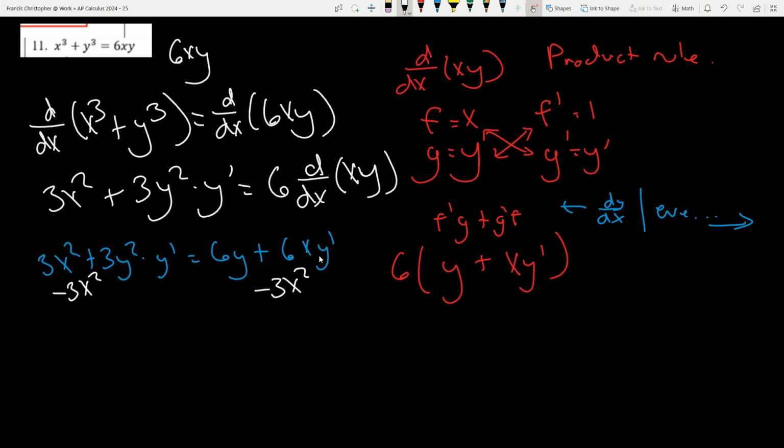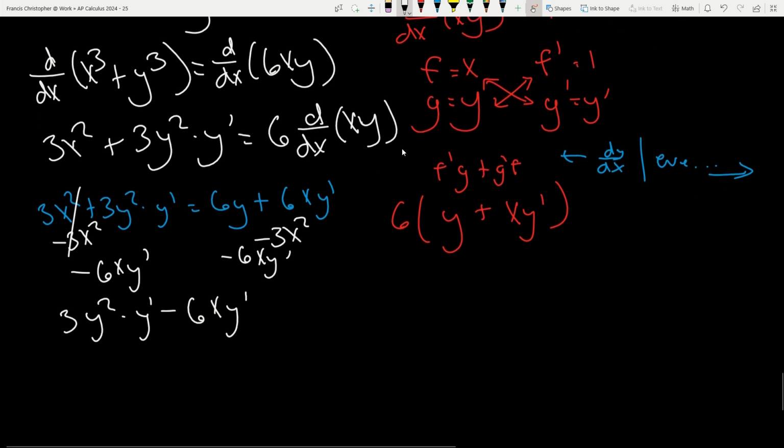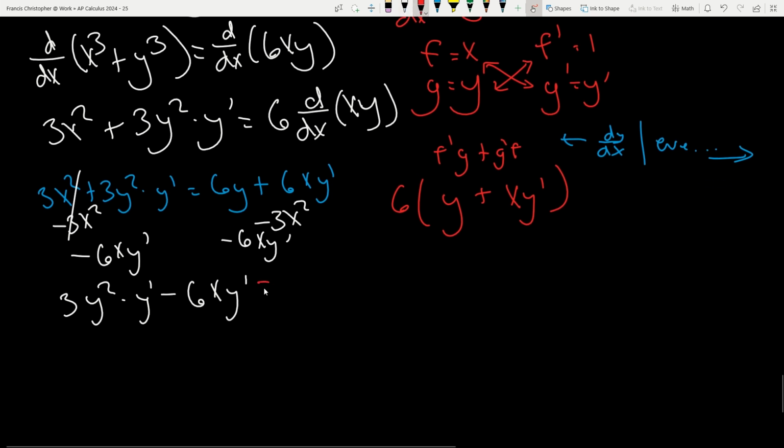This is a y prime term, so I'm also going to subtract 6xy prime from both sides. And this will cancel out, and let me rewrite this. So 3y squared times y prime minus 6xy prime, and then I guess I'll write in red, equals 6y, these will cancel out, and then we have minus 3x squared.